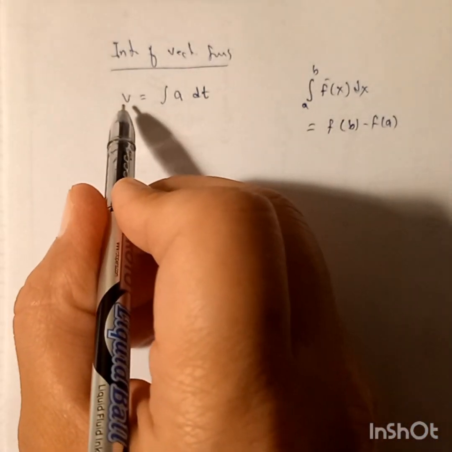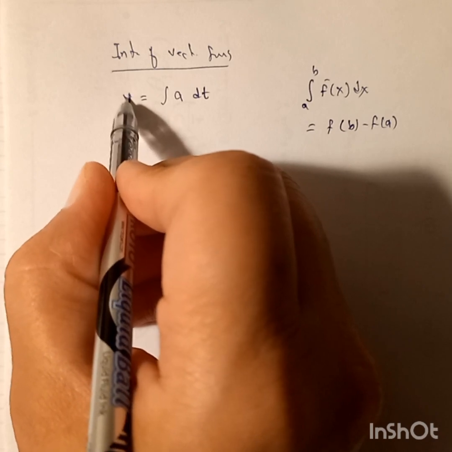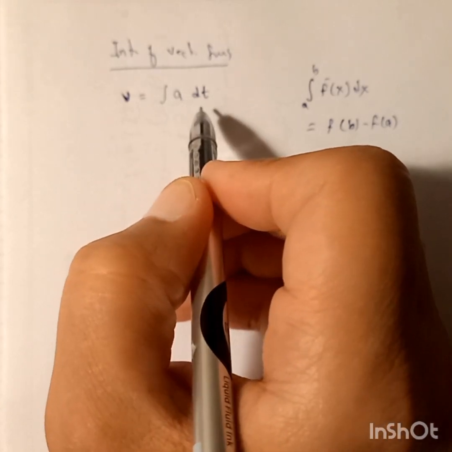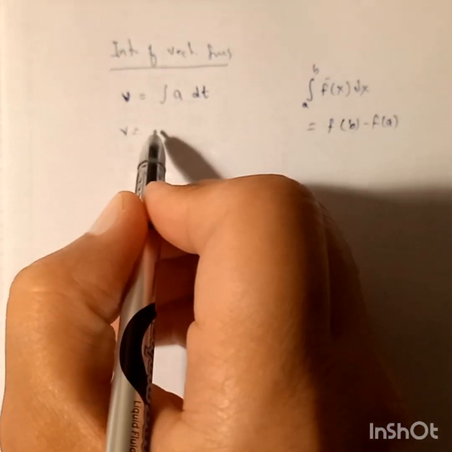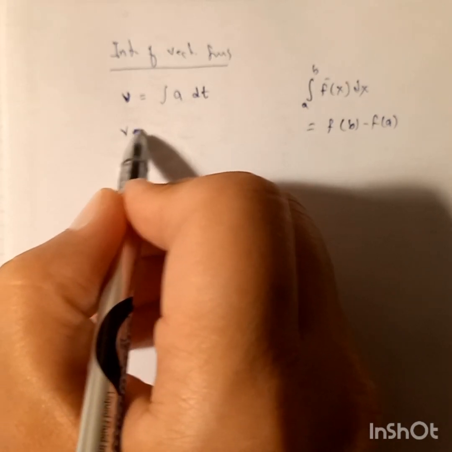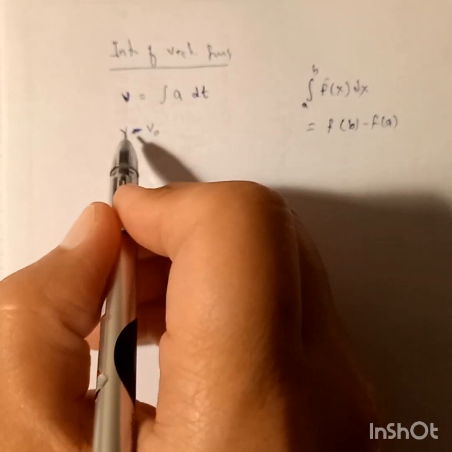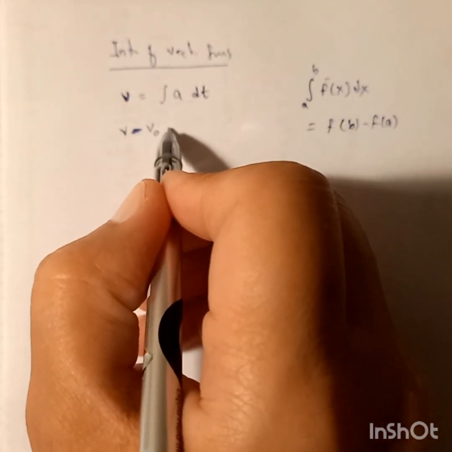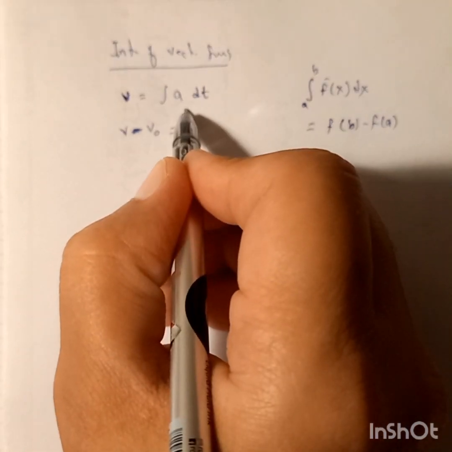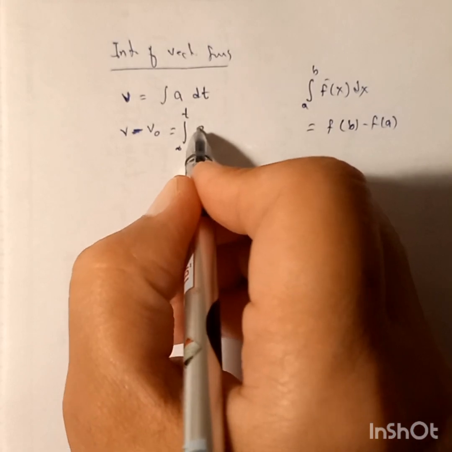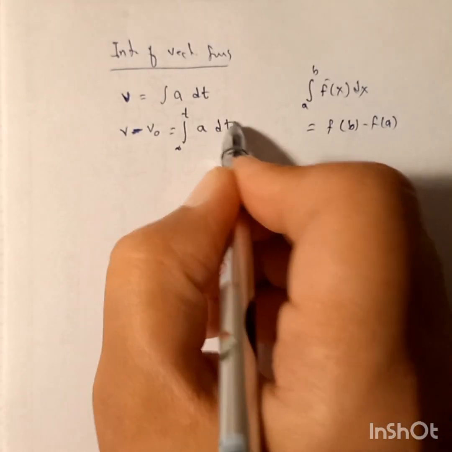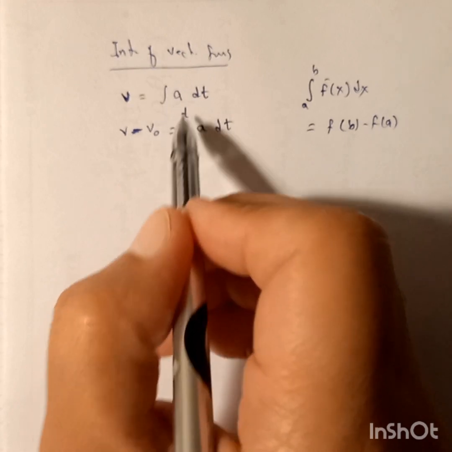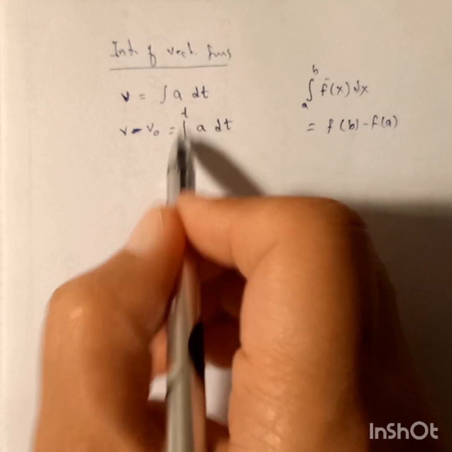Here the velocity of the motion of any body equals the integral of the acceleration dt. If we have limits, then v minus v naught, where v is the velocity of this body after time t, minus the starting velocity at time 0, equals the integral from 0 to time t of a dt. This is the indefinite integral, and this is the definite integral if we have two limits of the motion at times.